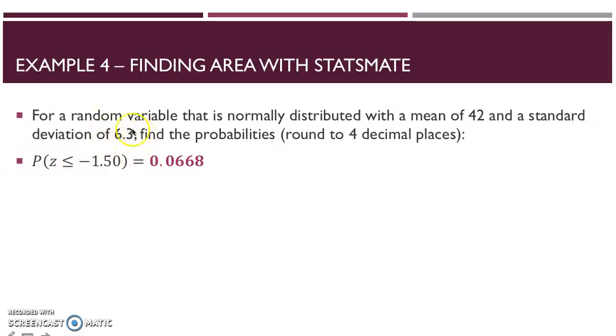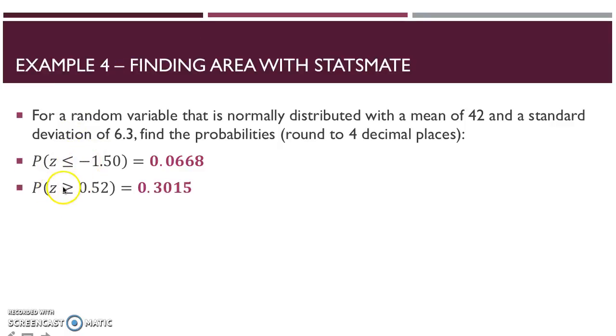The mean of 42 and standard deviation of 6.3 actually don't matter here. Because you're given a z value, you want to keep the mean at 0 and standard deviation at 1. You would type negative 1.5 in your A spot, and it would give you a probability of 0.668. Make sure you change it to lower tail for the less than or equal to.